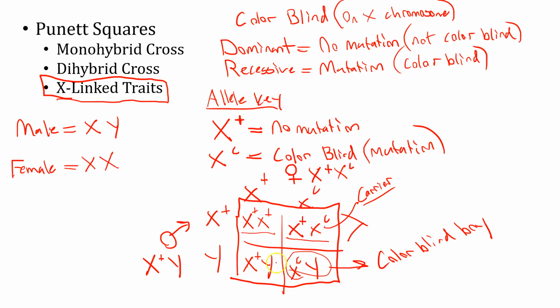And because of this very nature of X's and Y's, generally men oftentimes will inherit X-linked mutations or X-linked disorders more frequently than women. So for example, muscular dystrophy is a disorder that is X-linked recessive, and that is going to be much more common in boys.